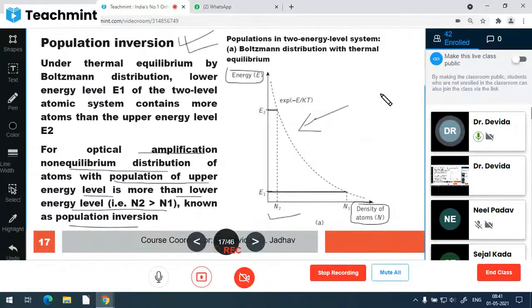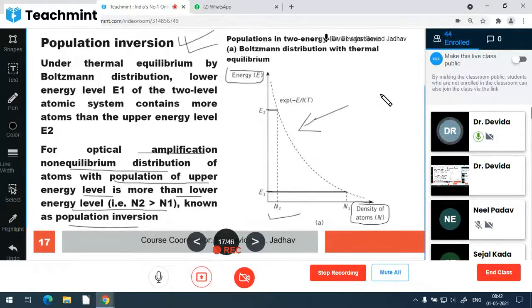And if N2 is made higher than N1, this is population inversion, and this is the breaking of thermal equilibrium. Population inversion is required for laser action or for a large amount of photon emission, and that will support the amplification in the laser. That is the requirement.